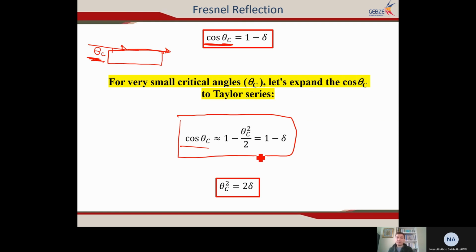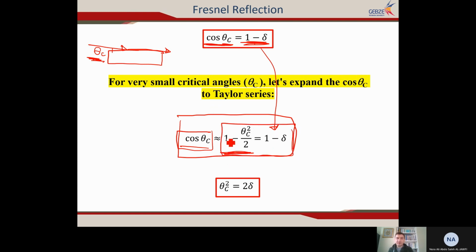Then what about cosine theta critical? Cosine theta critical is equal to 1 minus delta. So just take this one and put it on the right side, and cosine theta critical can be written in this form by using the Taylor series. Then we have this expression.